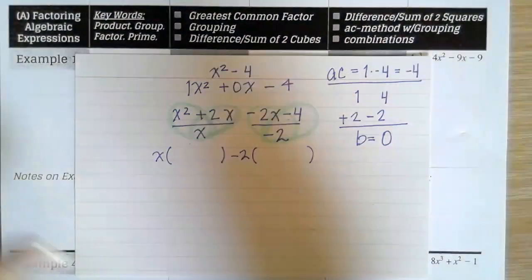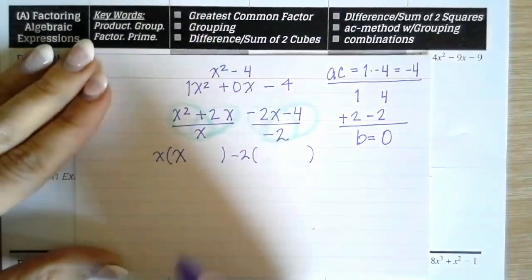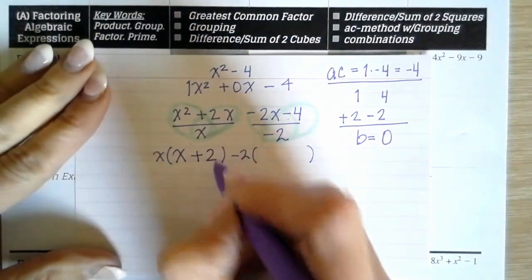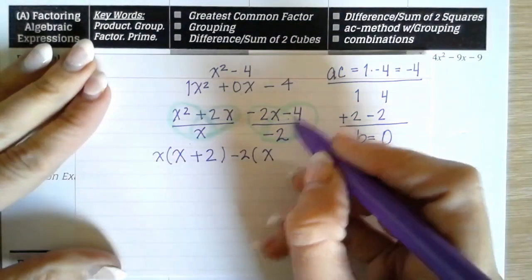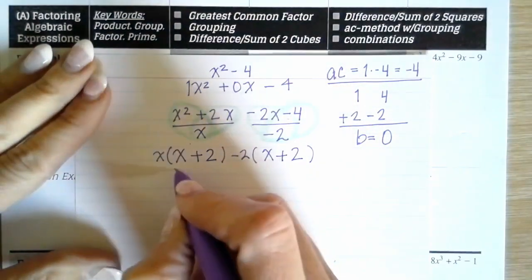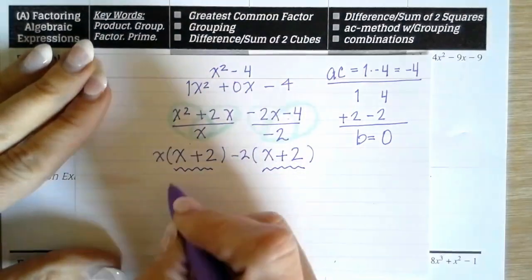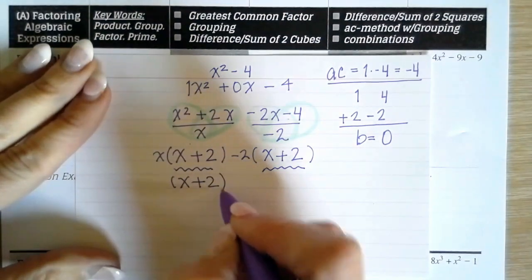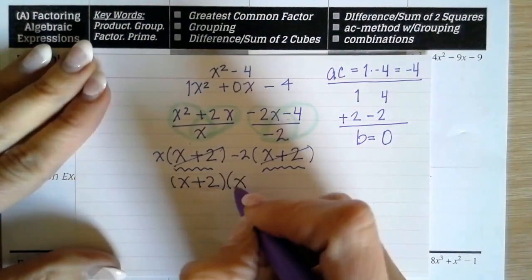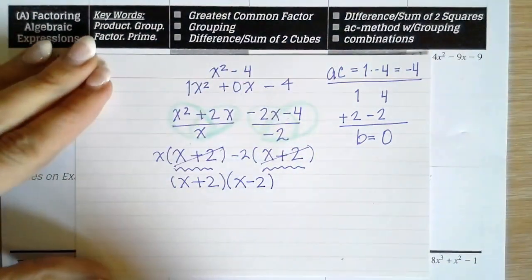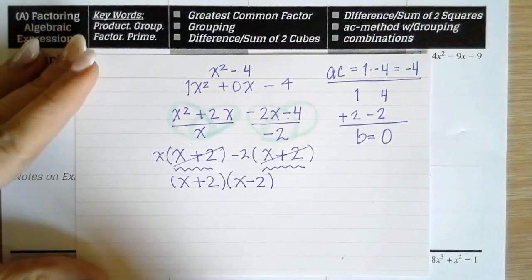X squared over x is x. 2x over x is 2. Negative over negative, so plus x, positive x, and then negative over negative is plus 2. If it matches, you're winning at life. Bring it out front. If I factor that out, what's left inside? X minus 2. And we're done.